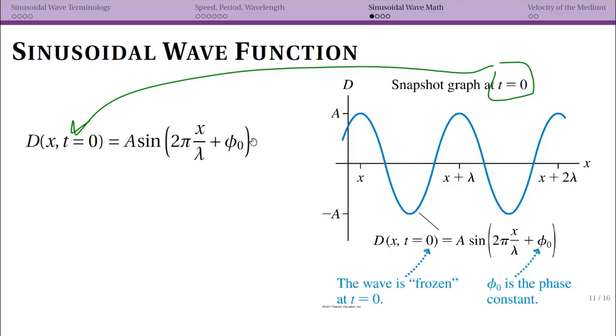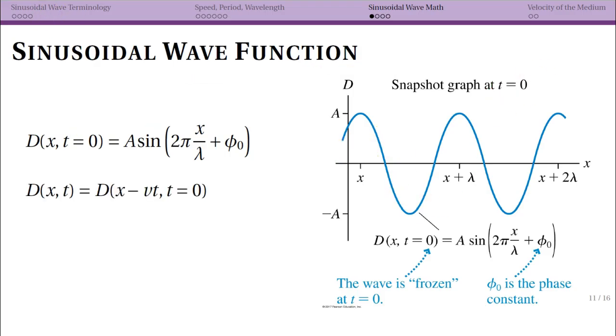So notice that this is expressed as a sine wave, and so sine waves should be starting there, or if we continue this curve backwards a little bit, we would think about a sine wave starting at a displacement of 0 at x equals 0. So the fact that it is shifted a little bit has to do with that phase constant. So figuring out the phase constant can be a little bit tricky mathematically, but it just allows us to have any sort of starting condition we want along the sine wave.